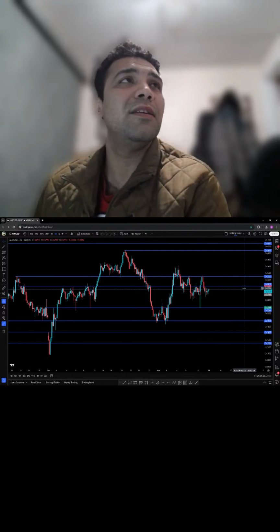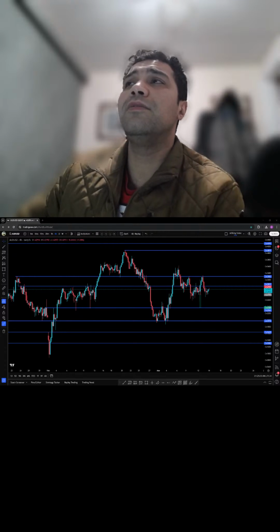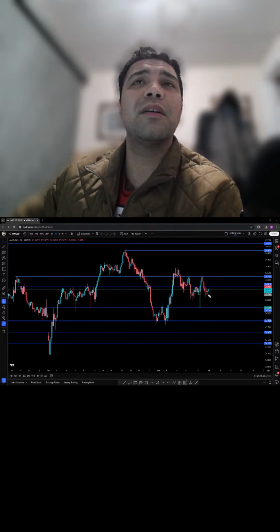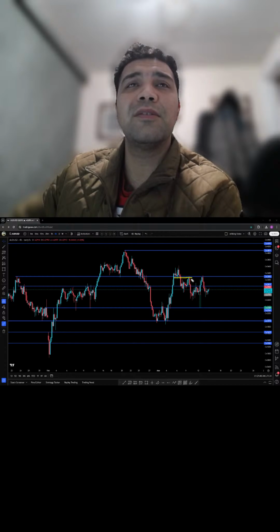So when we see AUD USD right here, we can see that this is a good structure for a downtrend, because there was a break around here, prices came back, pulled back into this break, this neckline right here.